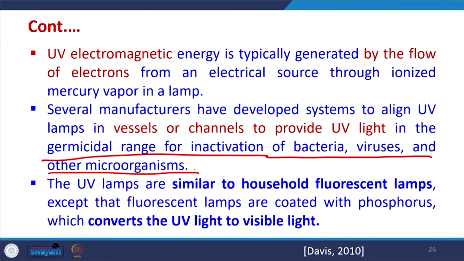The UV lamps are very similar to the household fluorescent lamps that we use, except that fluorescent lamps are coated with phosphor, which converts the UV light to visible light, but here they are not converting anything. So, we can use these lamps.